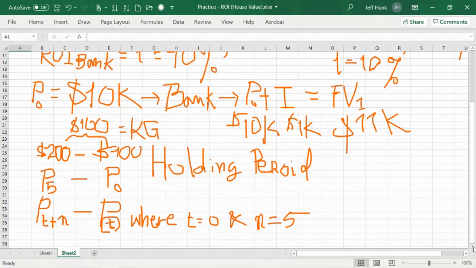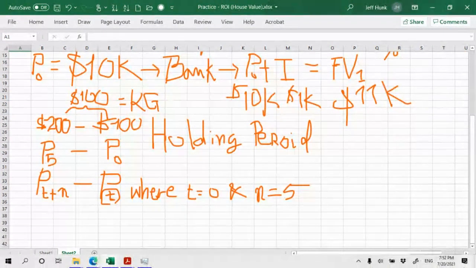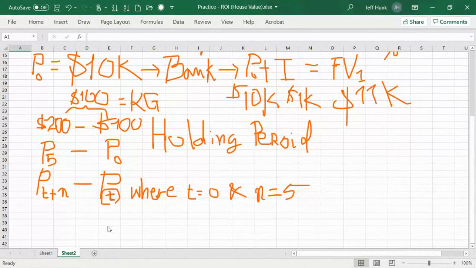But look, that was just our example. It doesn't have to be only 5 years later. It could be 7 years later. How do you make this applicable regardless of the scenario?